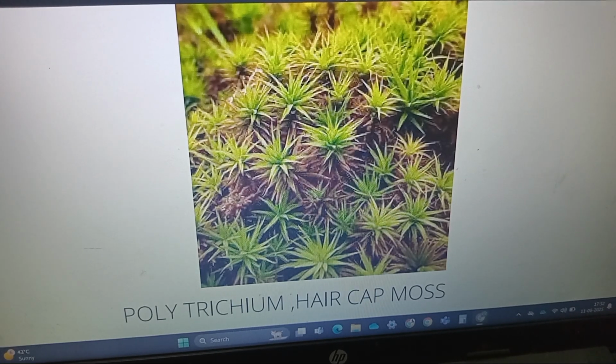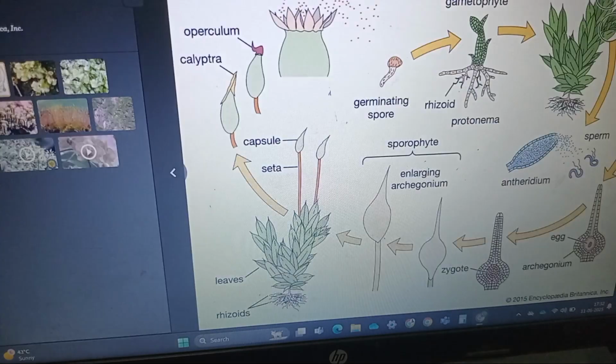The life cycle of the mosses. Here we start with this leafy structure in which there are spirally arranged leaves on this gametophyte, which has multicellular branched rhizoids, not the roots but the rhizoids.